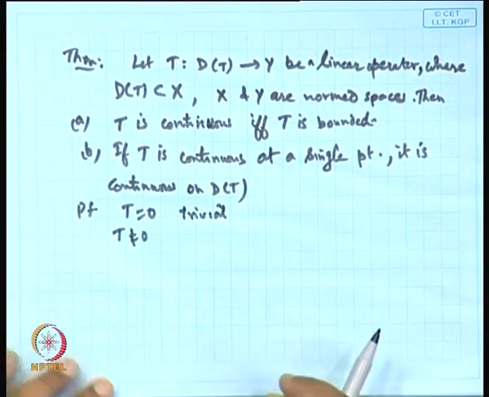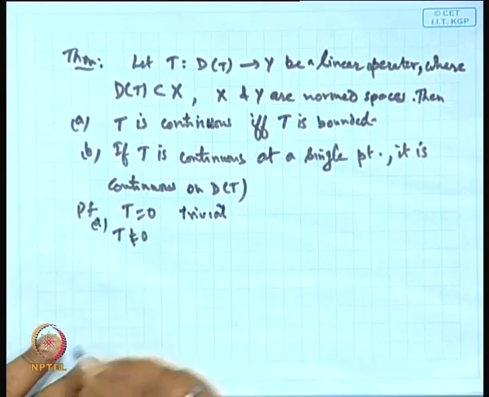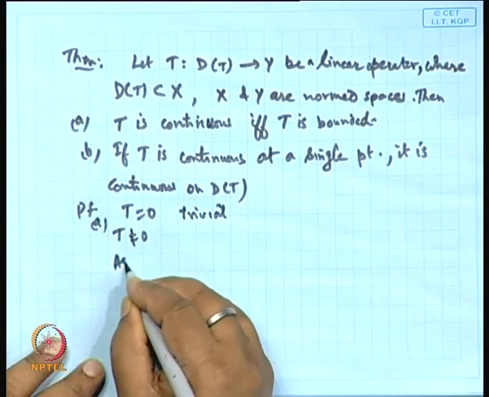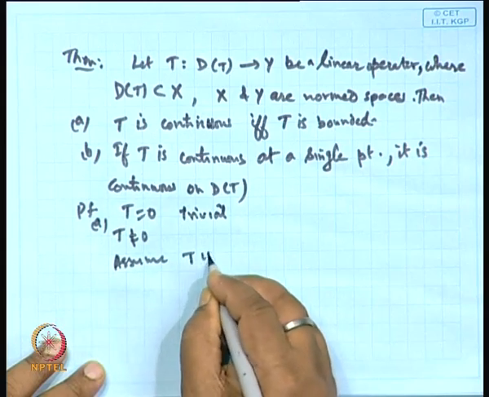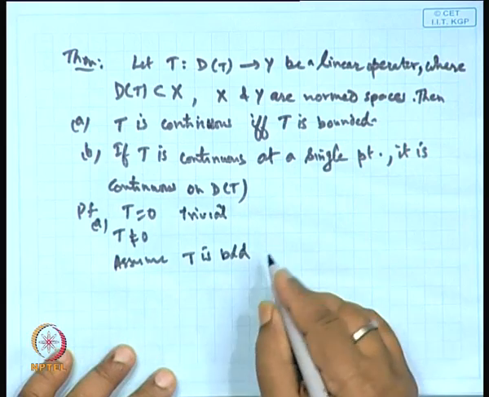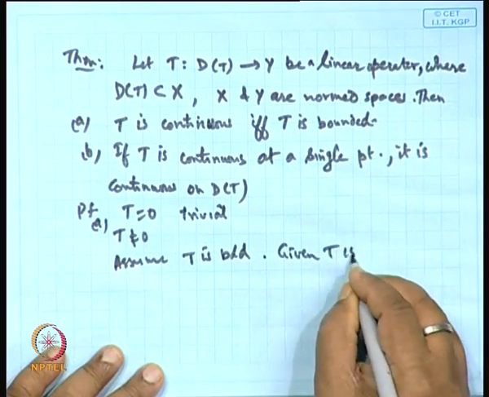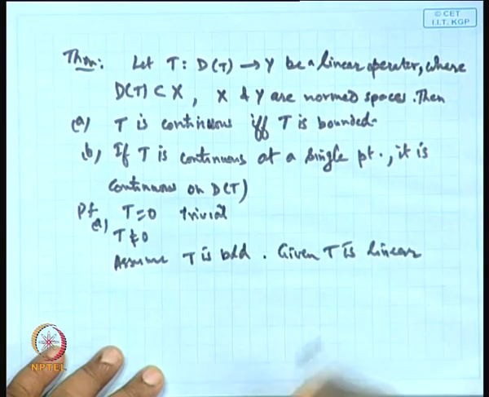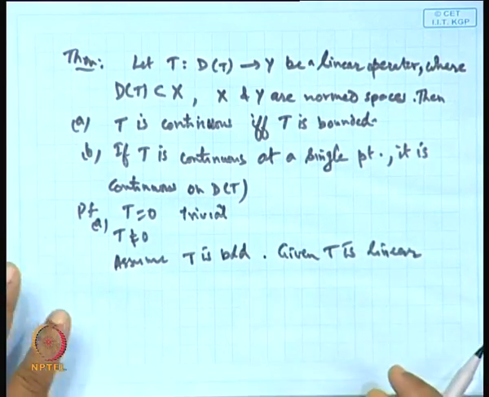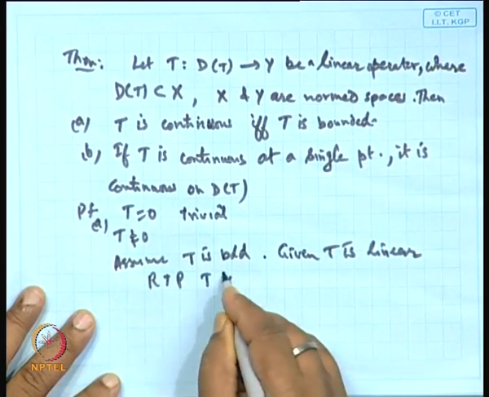Now, we want to prove first part A. So, assume T is bounded; we want to show T is continuous. T is bounded, given T is linear, this is known already. To show T is continuous.